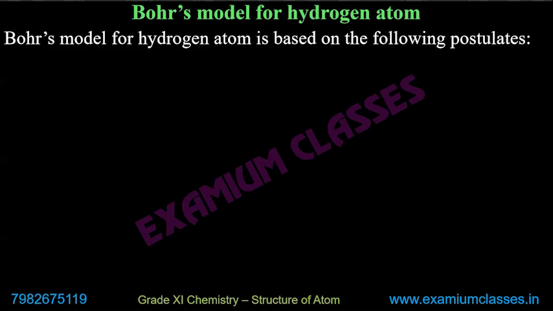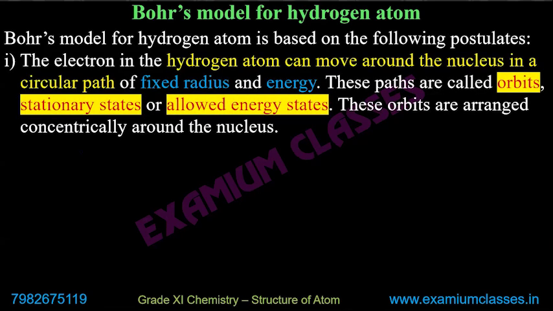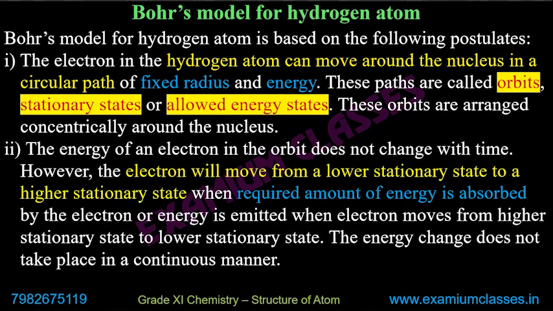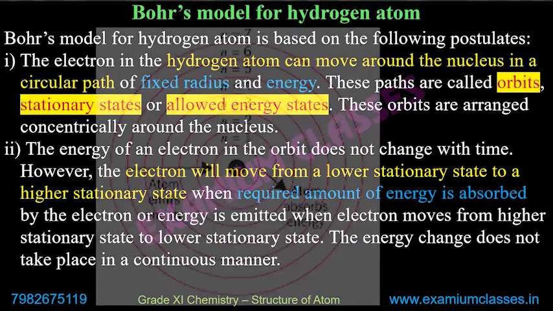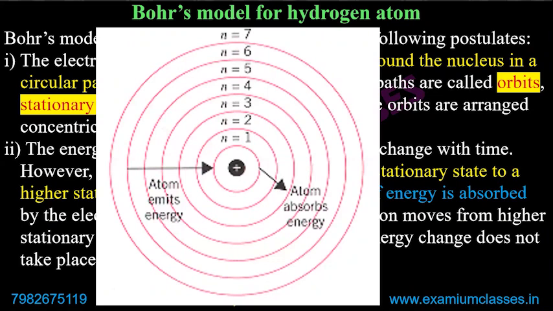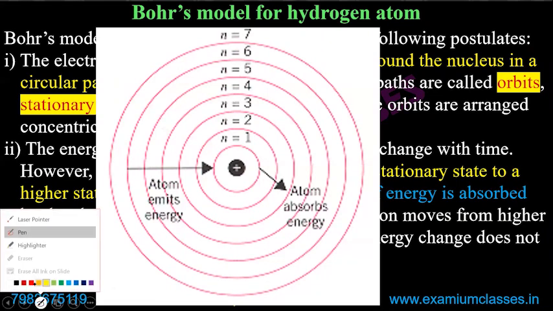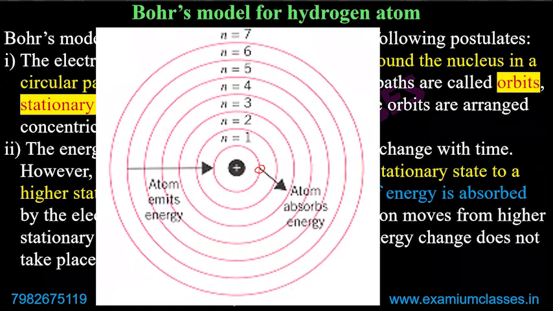We were talking about Bohr's model, in reference to the hydrogen atom only. And we said there are stationary states, which are called energy states or allowed energy states. Electrons can move to a higher energy state if we provide energy to them. So it is important to remember that when electrons move outward, they gain energy, they absorb energy.